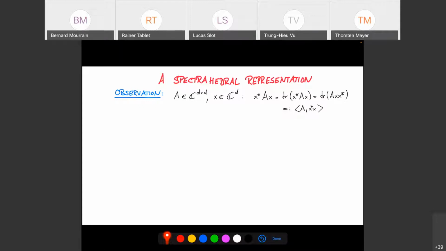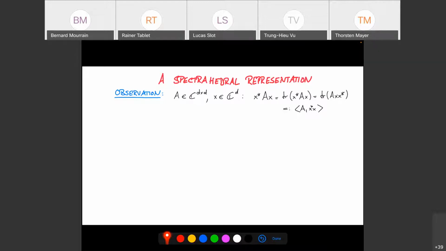And of course, X star AX is the trace of X star AX because this is a 1 by 1 matrix. But within the trace, we can cyclically permute. So I can move this x star over to the other side. And so this is the same as trace A x star, and that's an inner product on the set of complex matrices, or a bilinear form.